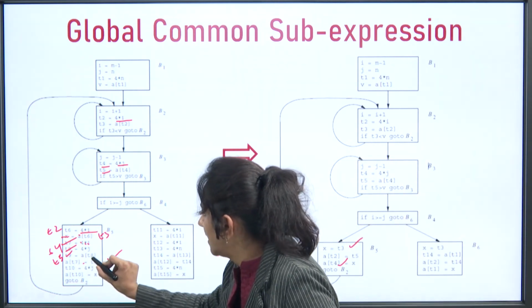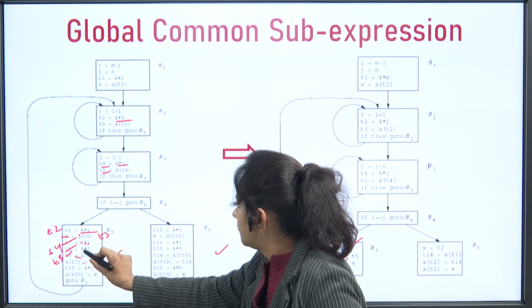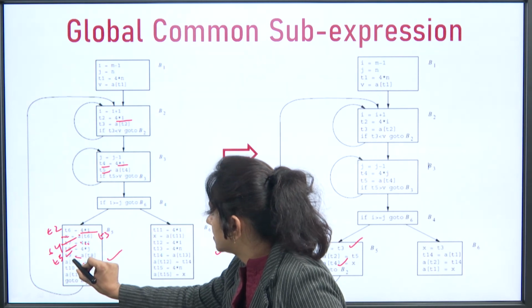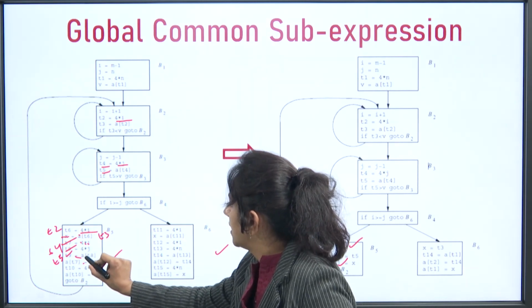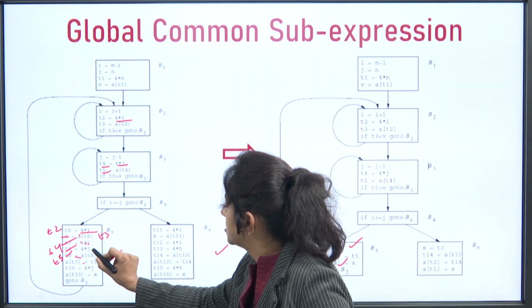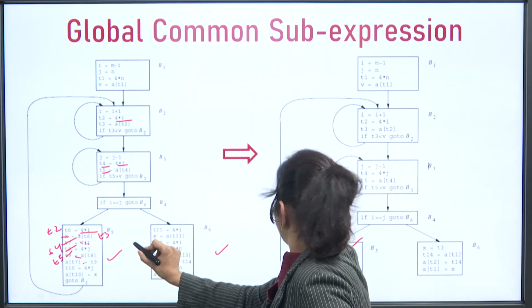And T9 holds the value, this is A at T8, meaning it is with respect to j.